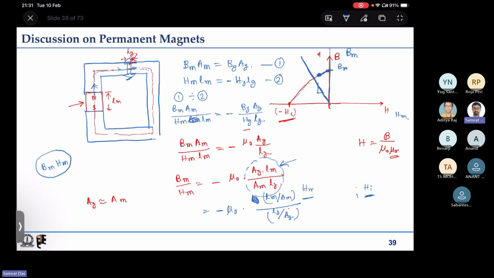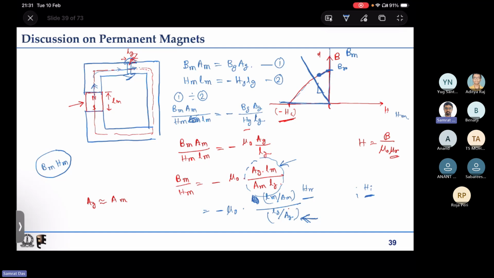If the air gap reluctance is very high compared to the magnet reluctance, then the ratio is a very small number, which suggests the slope goes very close to 180 degrees because it's negative, so it will demagnetize in some time.